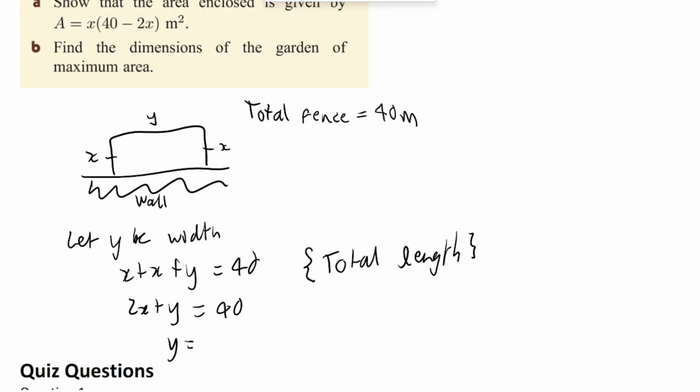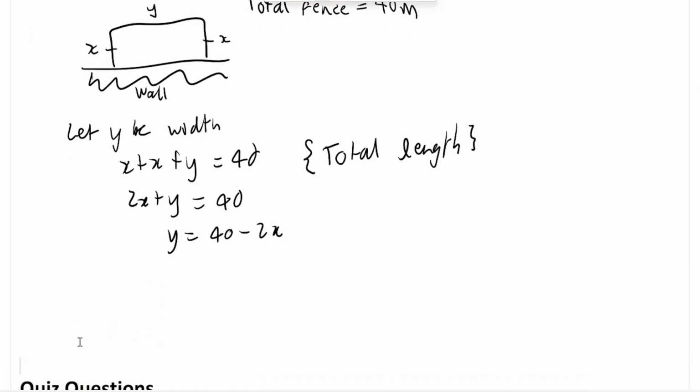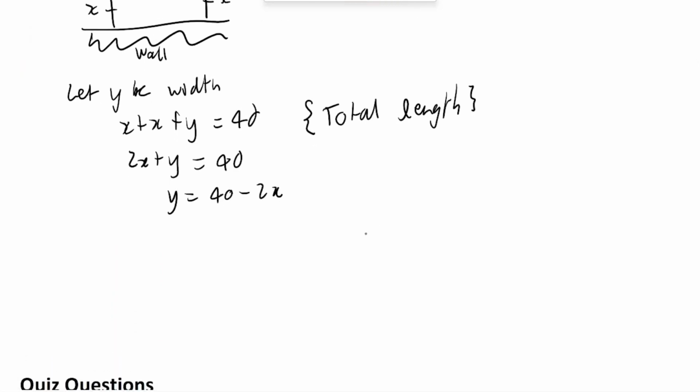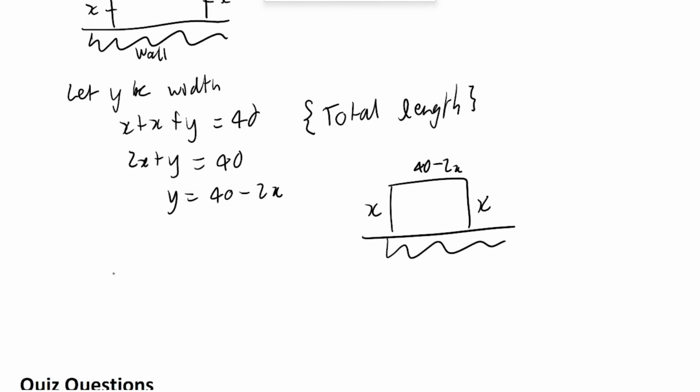So y is going to be 40 take 2x. So that's good. And then rather than referring to this thing called y, you can just have your wall, and then that's x on the sides, and it's 40 take 2x on the top like that. So therefore area, which is length times width, equals x lots of 40 take 2x.